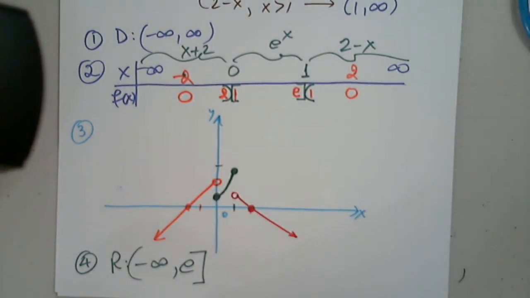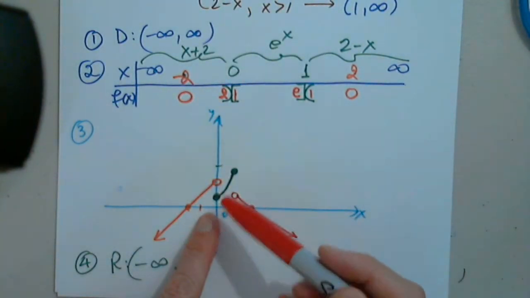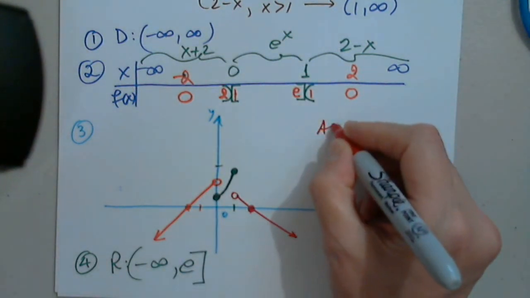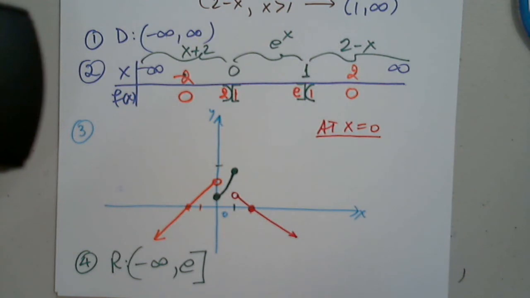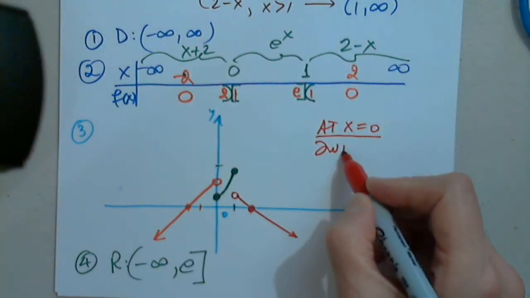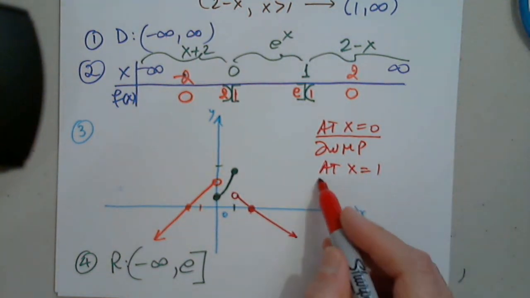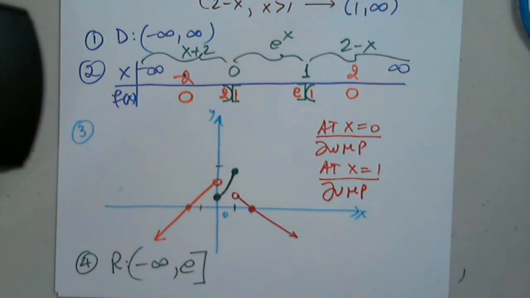Okay. Now, what type of discontinuity? Obviously, there is a discontinuity at 0. So at x equals 0. A jump. At x equals 1. Jump. Does this function have a removable discontinuity?